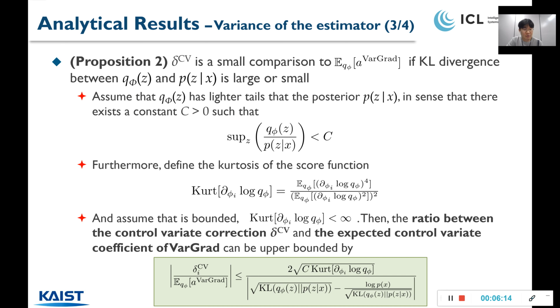From now on, I will explain the variance of VarGrad estimator. Proposition 2 states that the ratio between the control variate correction and the expected control variate coefficient of VarGrad can be upper bounded as shown here.